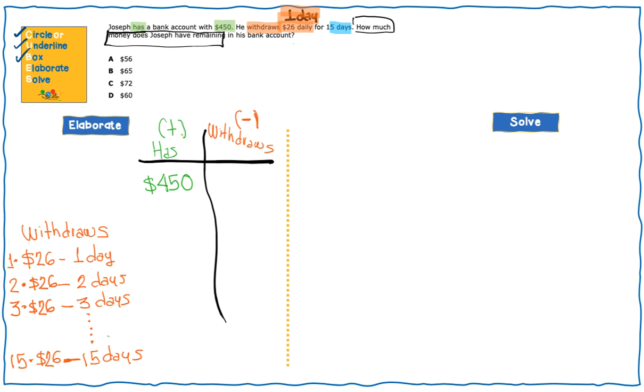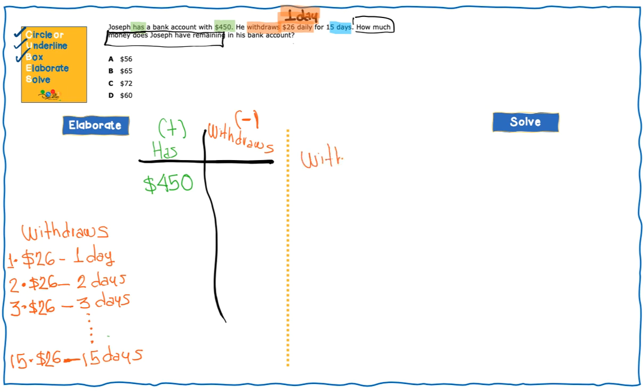So on this section on the right that says solve, I'm gonna try to come up with the total for 15 days that I realize I have on the left side. So let's multiply for the withdrawals. I'm gonna put a note right here.